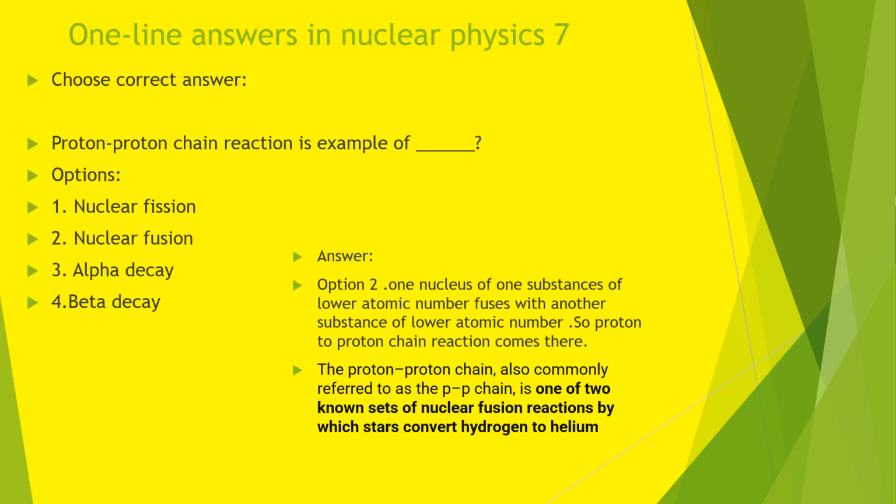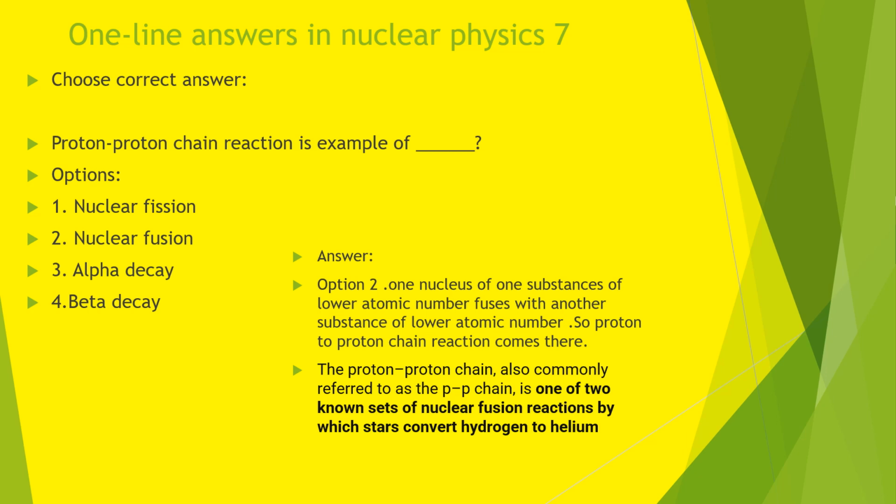Choose the correct answer. The proton-proton chain reaction is an example of: number 1, nuclear fission; number 2, nuclear fusion; number 3, alpha decay; number 4, beta decay. Option 2 is the right one, nuclear fusion. One nucleus of lower atomic number fuses with another of lower atomic number.